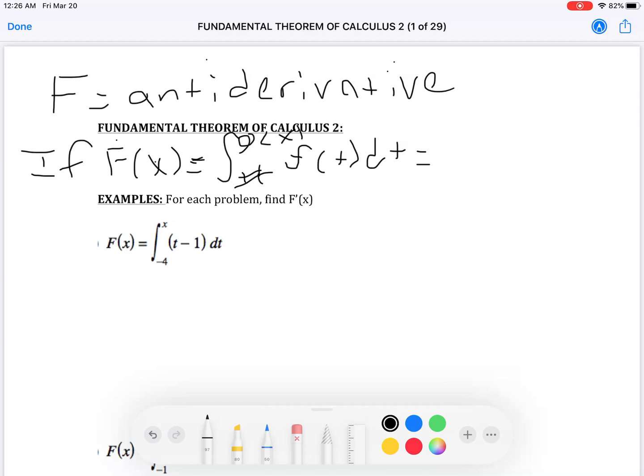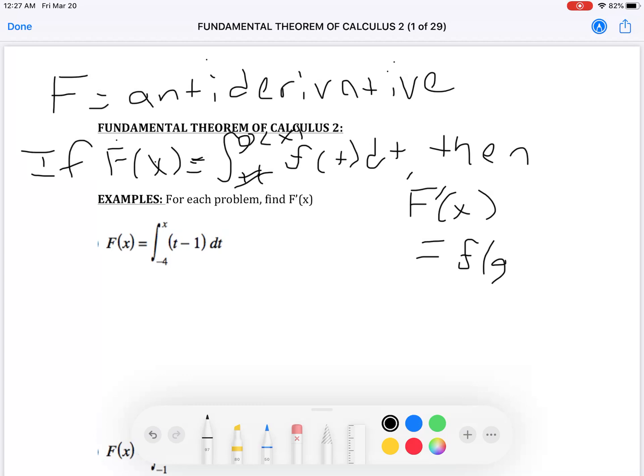What this is saying is that when we take the derivative of this antiderivative, so let that sink in for a minute, taking the derivative of the antiderivative is equal to f of g of x.